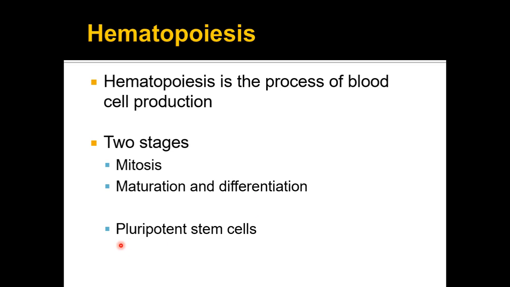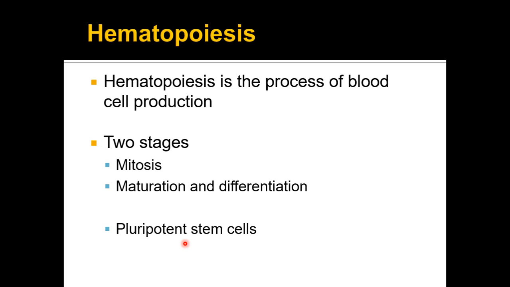So the word pluripotent here, as far as pluripotent stem cells, this basically means that we've got stem cells within the bone marrow that have multiple potentials to become any type of blood cell, whether it's a red blood cell or a white blood cell, and so on. So pluri means multiple, and then potent, just think potential.